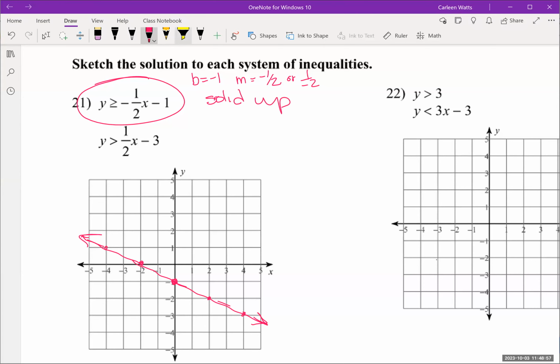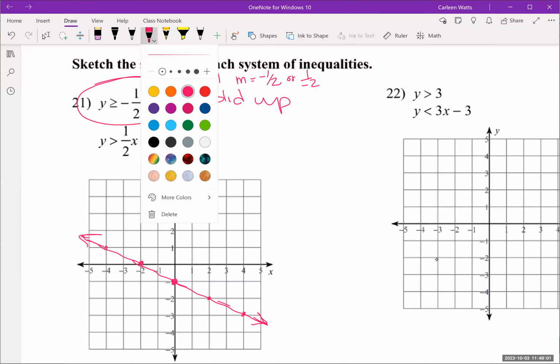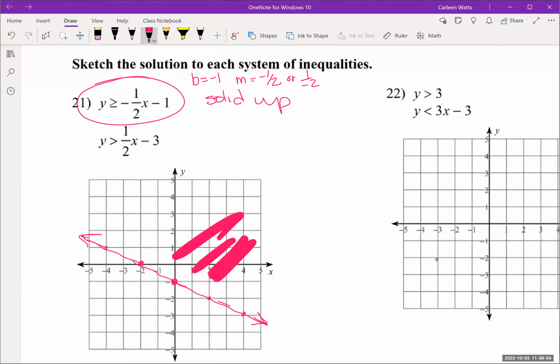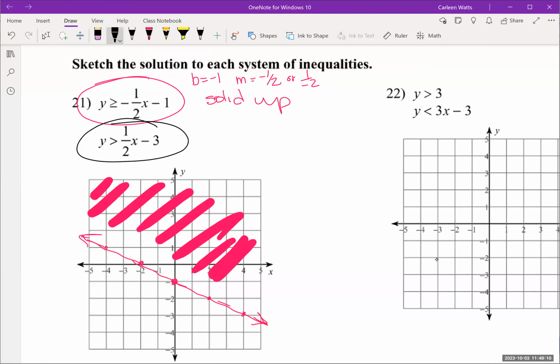All right. So now let's do the bottom one. Y-intercept of -3, slope of 1/2. And we can really see how we've been practicing what we're doing. We're using everything we've been learning since August.